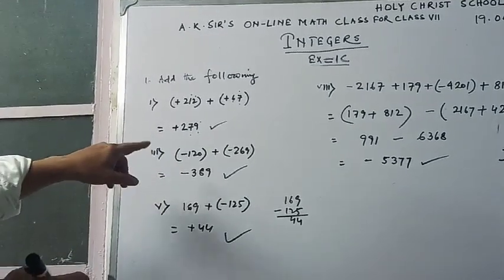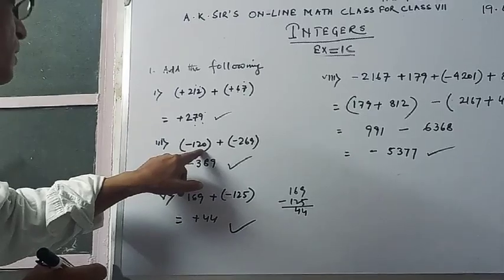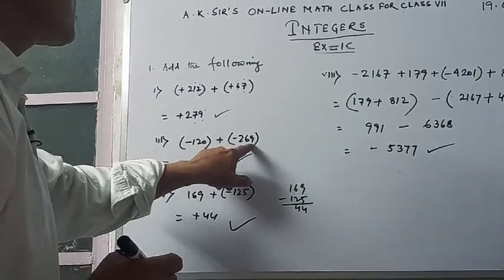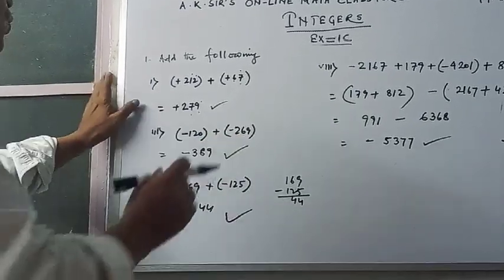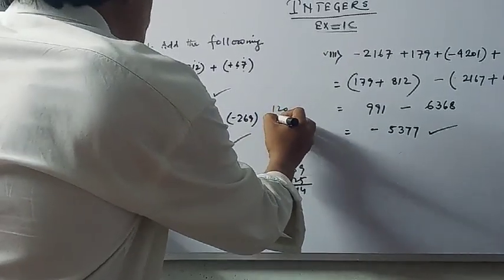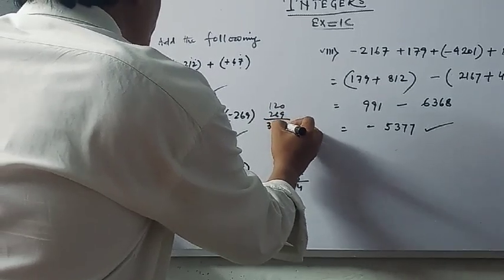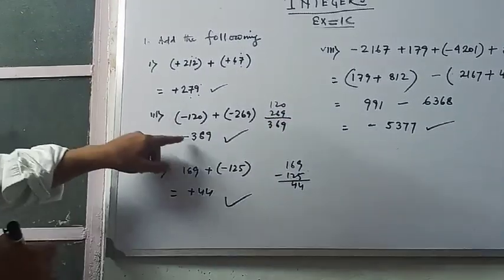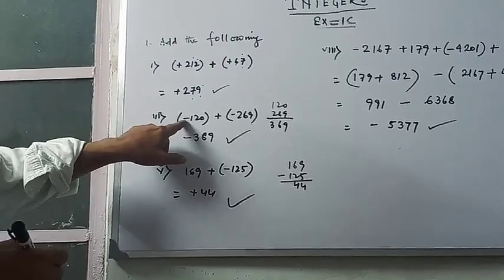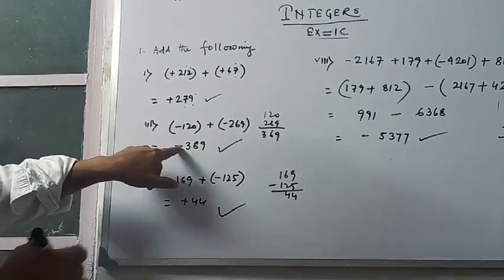In the same way, here we add minus 120 plus minus 249. First we add the absolute values 120 and 249, that means 369, and now we attach the common sign. Common sign is here minus, negative sign attachment.